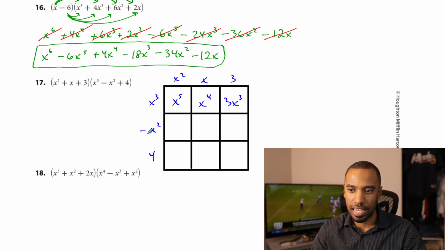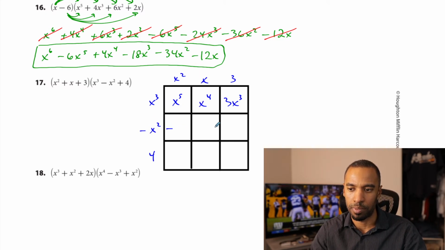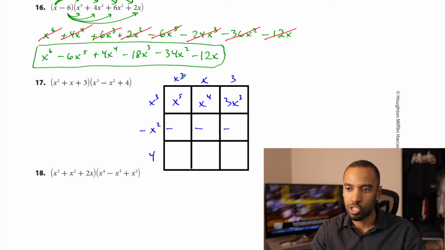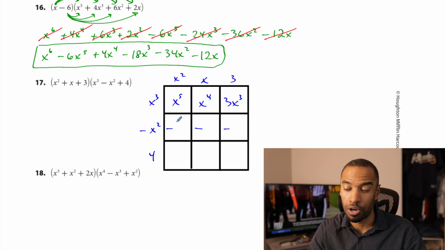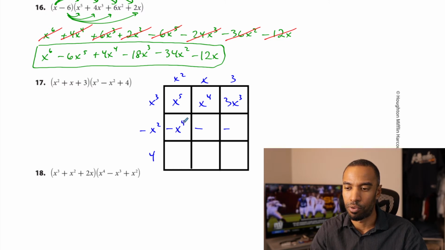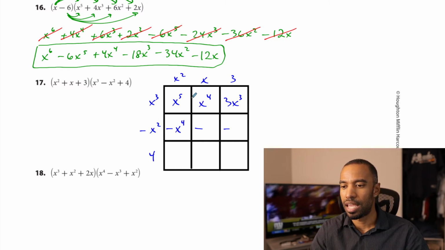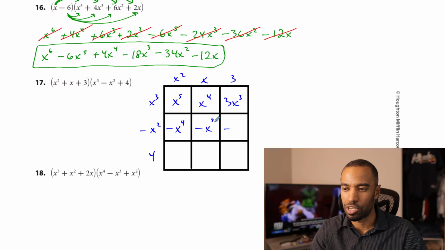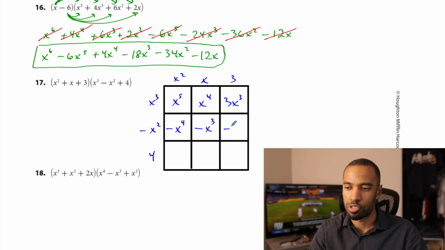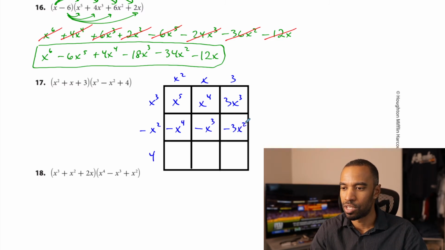Now I have this negative x squared, and I think it does help seeing the negative there and remembering all these will be negatives here. Negative x squared times positive x squared, that's not 0, we're multiplying, that's negative x to the 4th, right? x squared times x squared. Negative x squared times x is negative x cubed, and negative x squared times 3 is negative 3x squared.